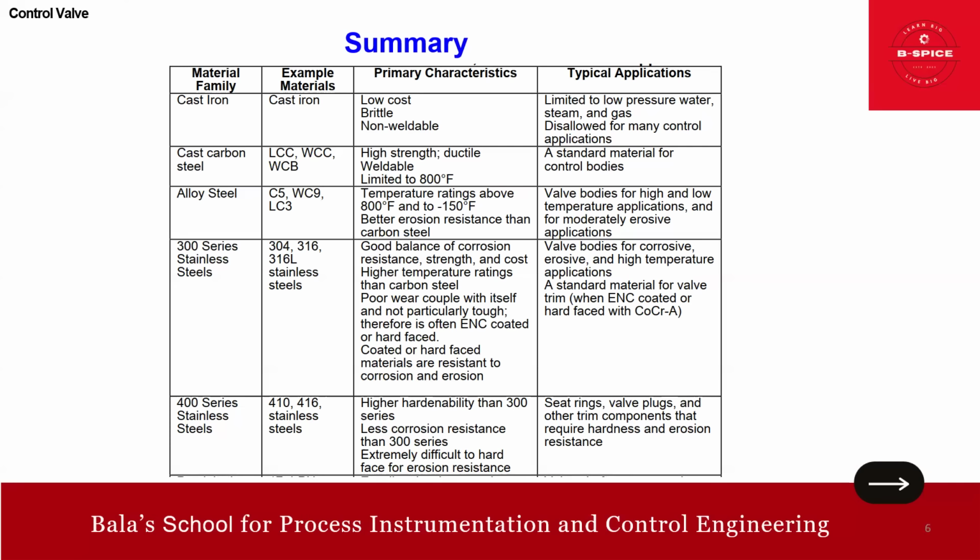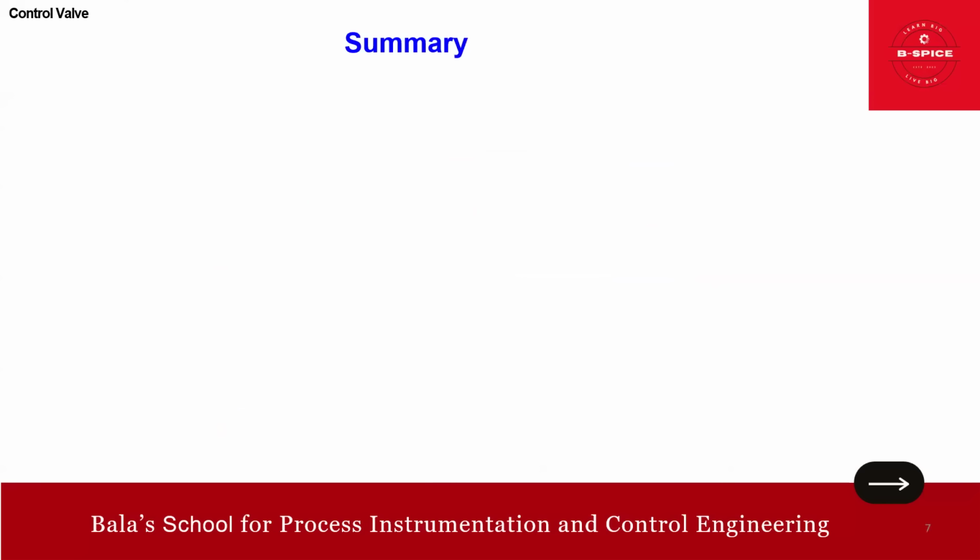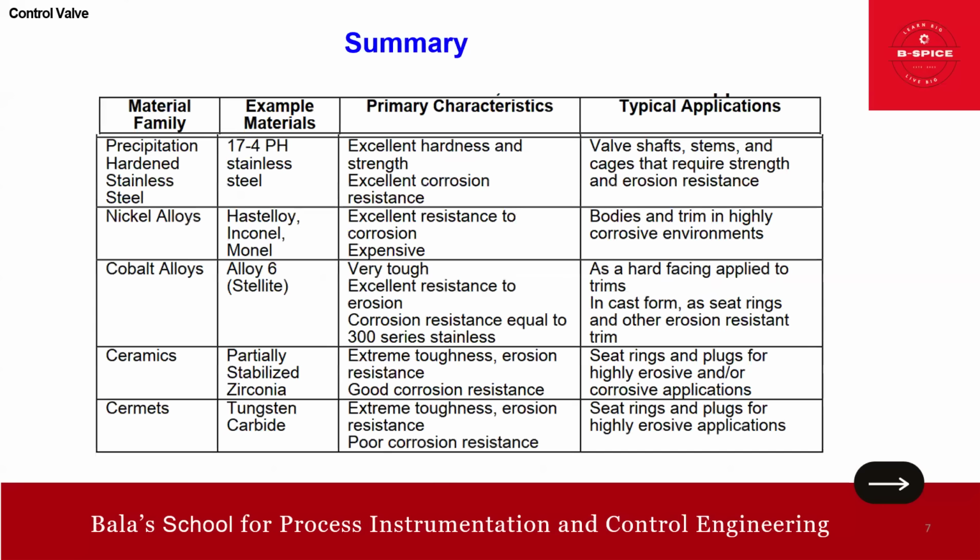Yes, correct. So now we are done with stainless steel. Now, precipitation hardened stainless steel. We call it 17-4 PH stainless steel. This has excellent hardness, strength and excellent corrosion resistance, whereas in the 400 series we have some limitation on corrosion, right? But this one has excellent hardness, strength and corrosion resistance.